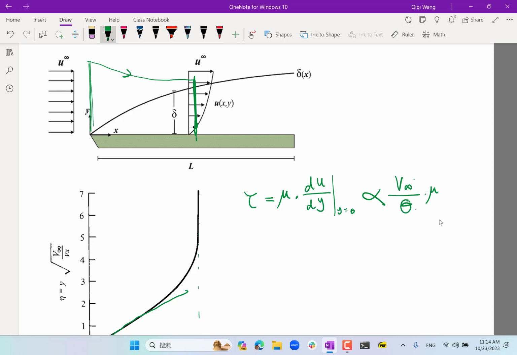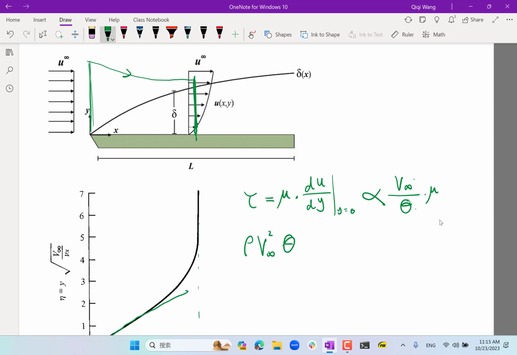And we figured out the momentum loss is exactly equal to rho, in this case v infinity squared, times the displacement thickness. So that's how much momentum loss we have due to the boundary layer, due to the accumulated skin friction per span, right?